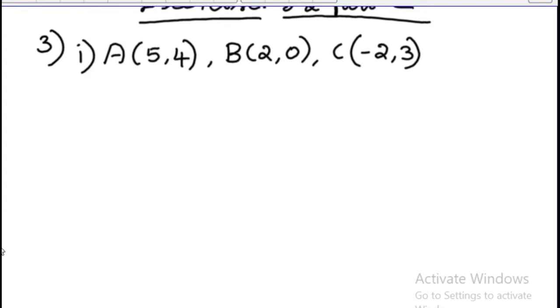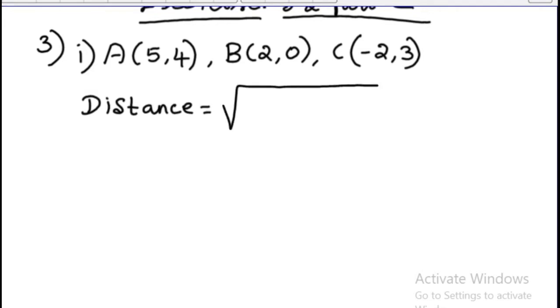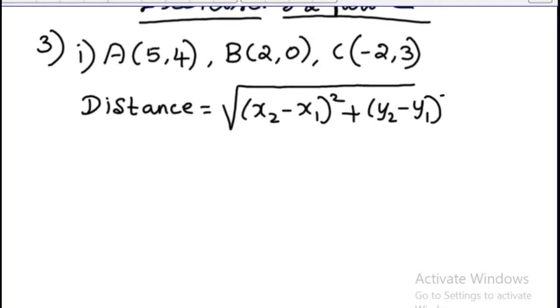Already we know the distance formula: square root of x2 minus x1 whole square plus y2 minus y1 whole square. So we want to find the distance of the three sides, that is AB and BC and CA.